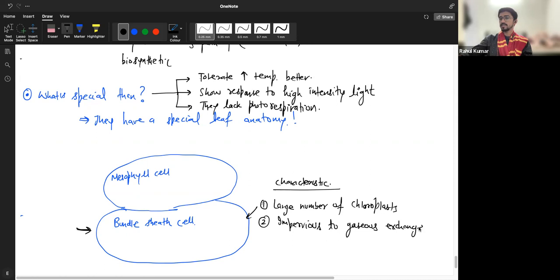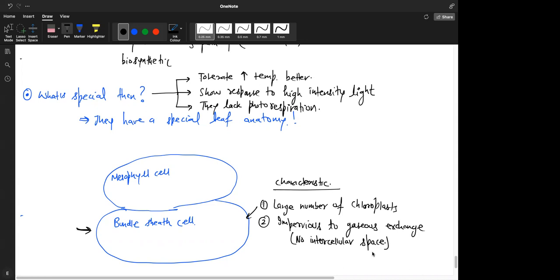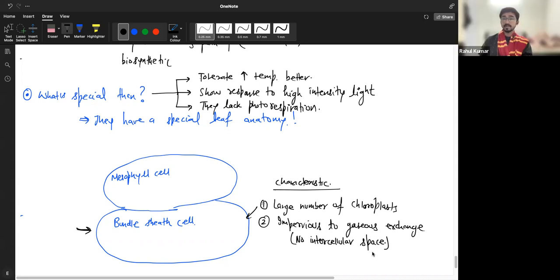They do not exchange anything, which means they have no intercellular space. What do we mean by intercellular? Word inter and intra. Between the cells. Yes, so between the cells normally there is space, right? Cells are not very tightly packed together. There are spaces between the cells. Things can diffuse between these spaces, but in this case there is no intercellular space. Okay.